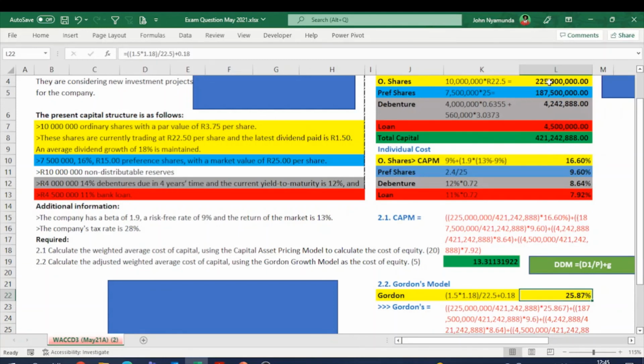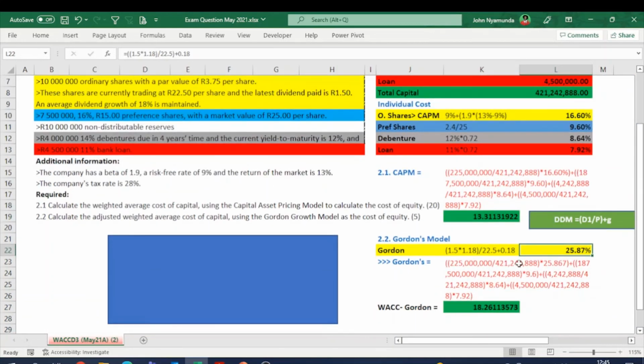We are still saying 225 times 25.87 plus 187 times that, times that, 4.5 times that. Everything else doesn't change. The only thing which is changing is this 225 times 25.87. And if you add all that, it gives you 18.2611. And 25 marks will be in the bag.